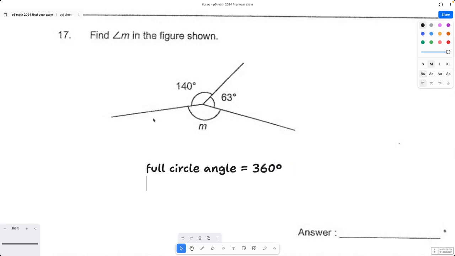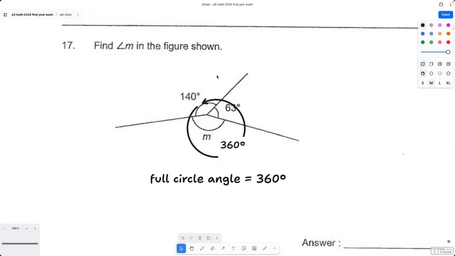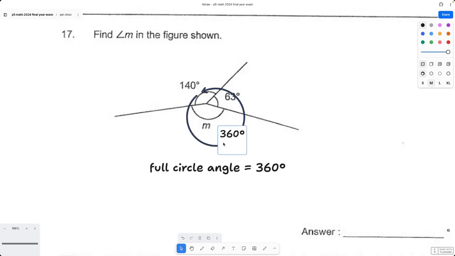The whole angle from here all the way around to here is 360 degrees. So now, what's M?